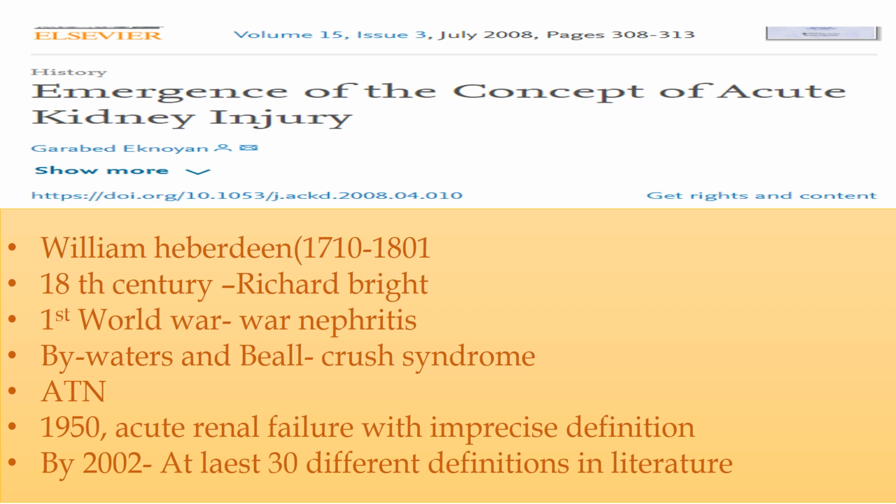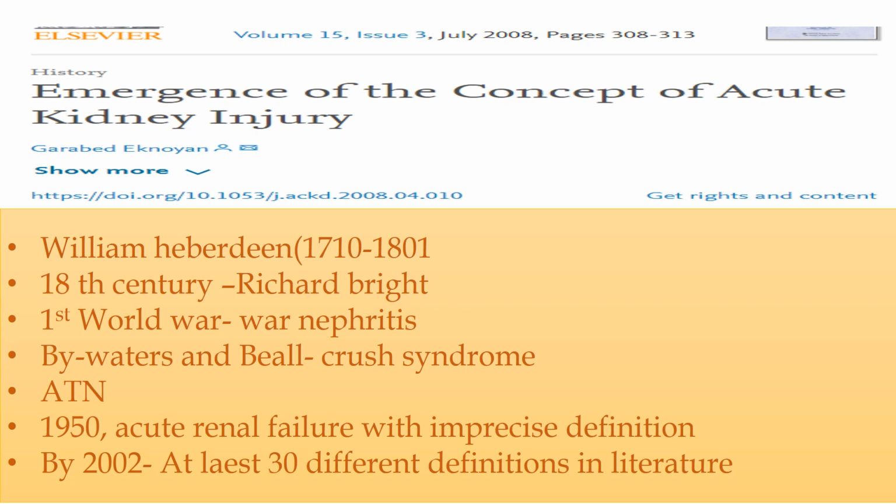During the First World War, it was noticed that many soldiers who were victims of trauma suffered from a reduction in urine output, and this became known as war nephritis. By the Second World War, we begin to see studies into patients that had suffered from trauma, crash injury, and we get Bywaters and Beall publishing a paper on crash syndrome, in which they further describe this reduction in urine output.